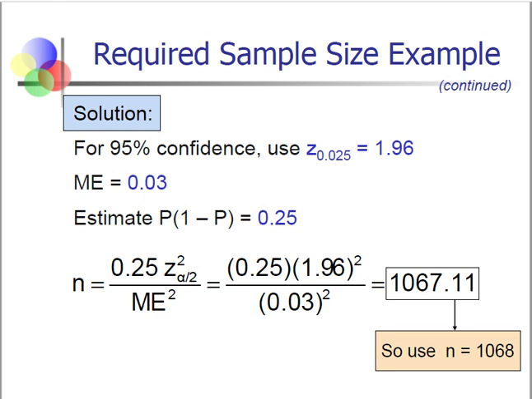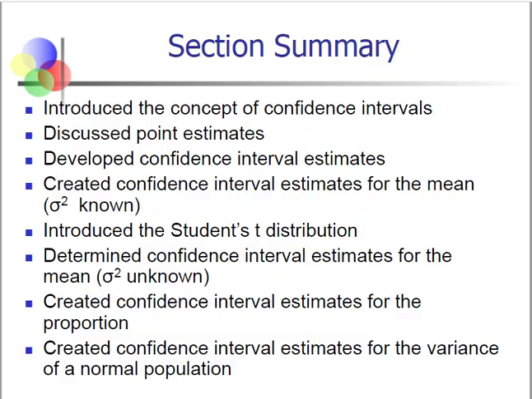We have the critical value being 1.96, the margin of error is 0.03, and the estimate is 0.25. So we insert in our formula and we find that we actually need 1068.